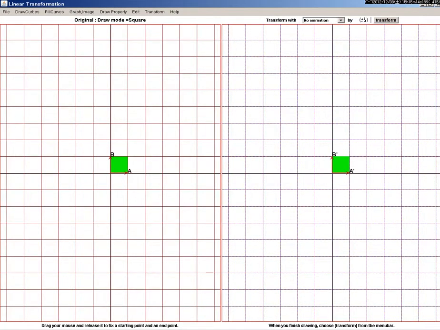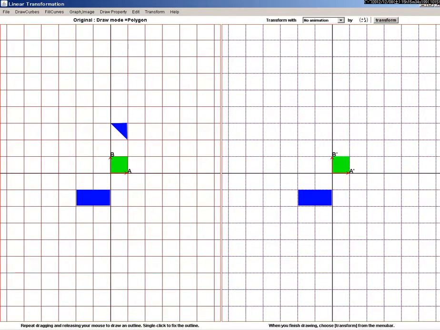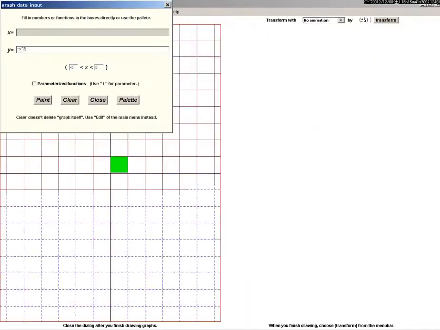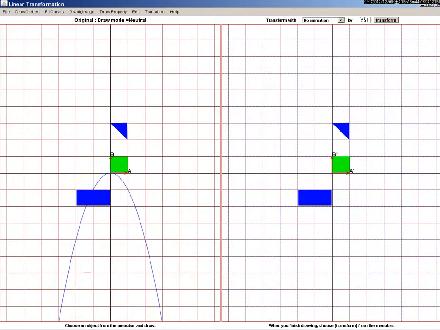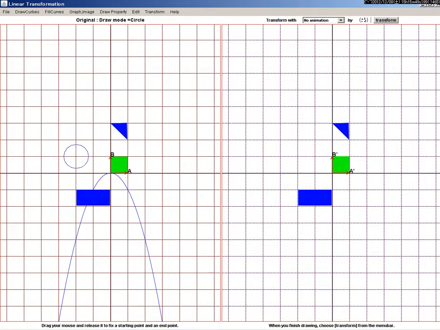First, rectangle. There is a short comment here. This is a starting point, and this is an end point. Triangle. Graph y equals minus x squared. Paint. And you can draw curves too. Choose circle.